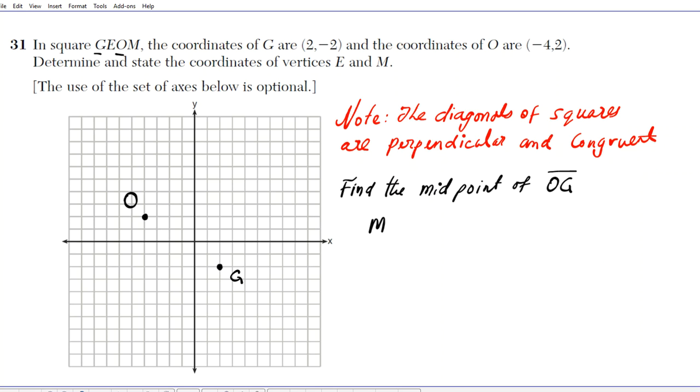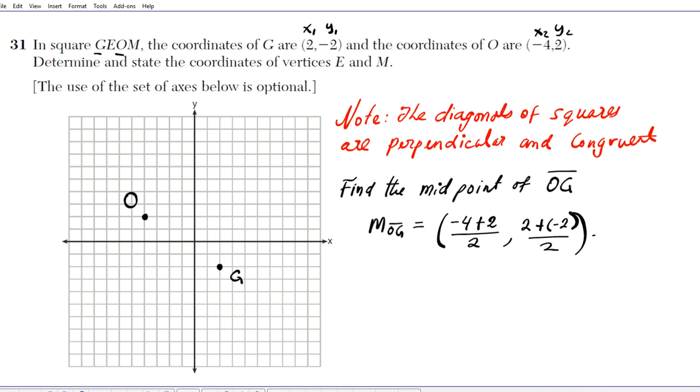So the midpoint of OG, using the midpoint formula, you add the x's. This is x1, x2, you add them: -4 plus 2 divided by 2. And then the y's, y1, y2, you add them and divide by 2.